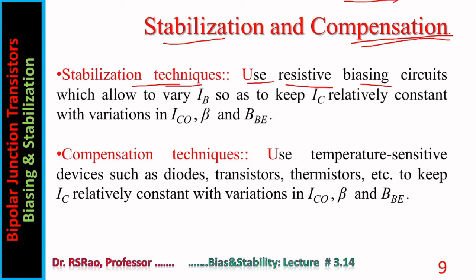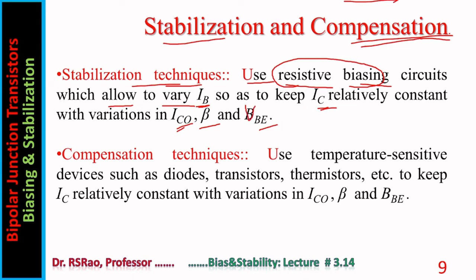Stabilization techniques use resistive biasing circuits to reduce instability or to eliminate instability. They use resistive biasing circuits which allow to vary IB so as to keep IC relatively constant with variations in ICO, beta, VBE.